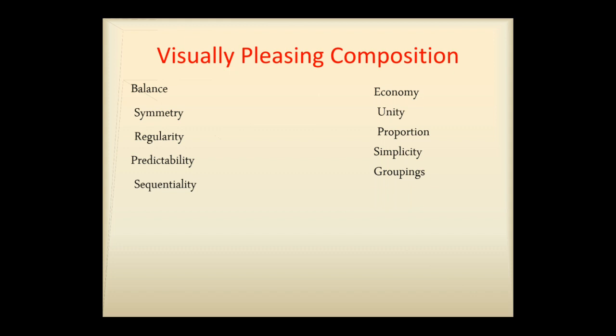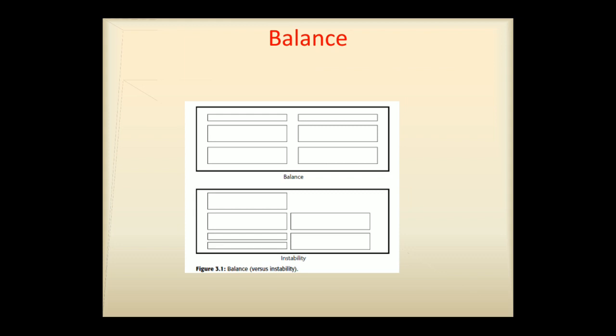Therefore, what do we mean by balance in a visually pleasing screen? It means that we can create screen balance by providing equal weight of screen elements from left to right and top to bottom.